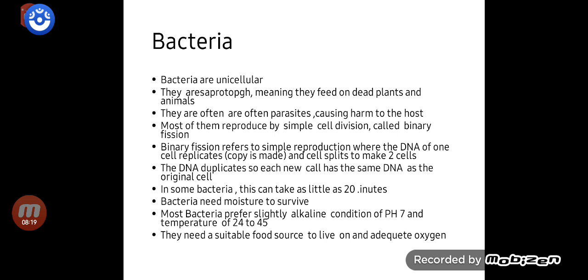In some bacteria, this can take as little as 20 minutes. Bacteria need moisture to survive. Most bacteria prefer slightly alkaline conditions of pH 7 and a temperature of 24 to 45 degrees. They need a suitable food resource to live on and adequate oxygen.